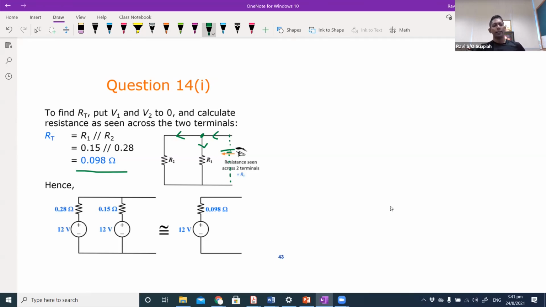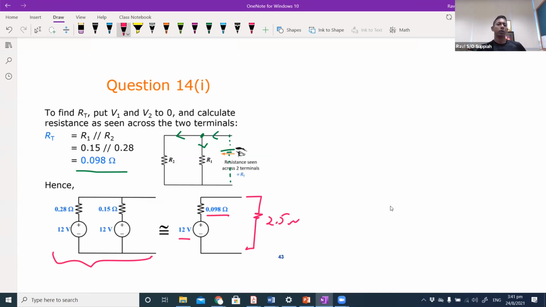So the original two cell connection here can now be represented as a single cell by the Thevenin equivalent, which is a 12 volt source and a 0.098 resistance. The question asks us, if the load is 2.5 ohm, so now I connect a load of 2.5 ohm, then what happens?